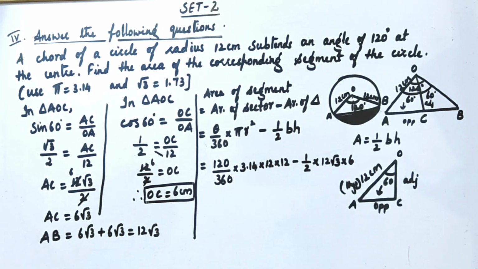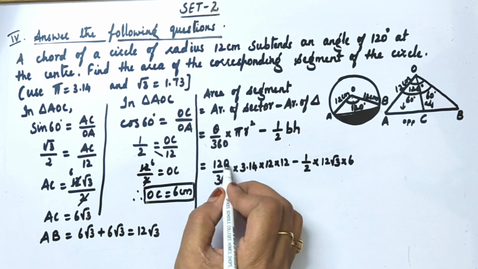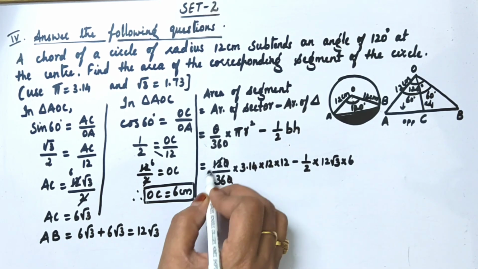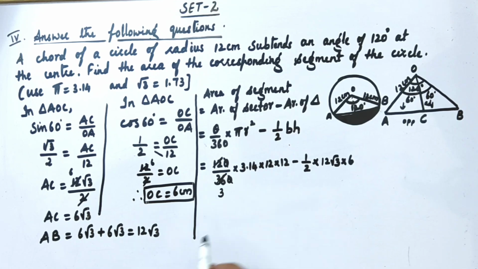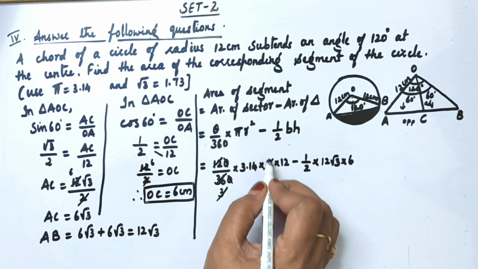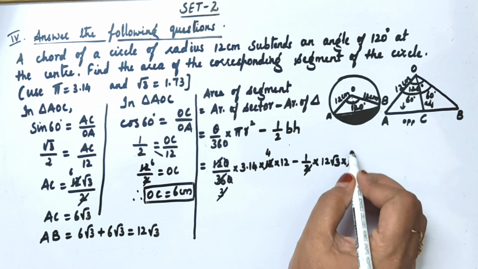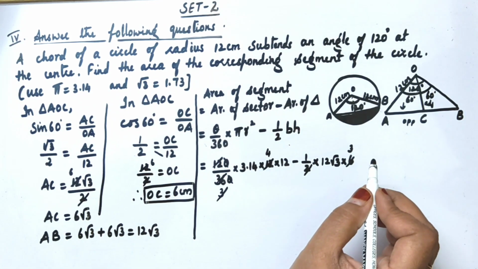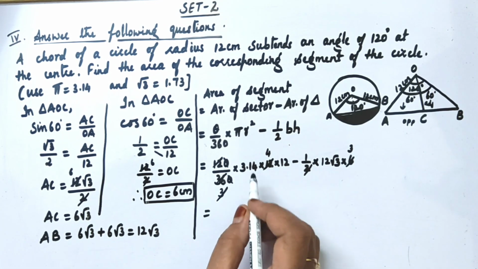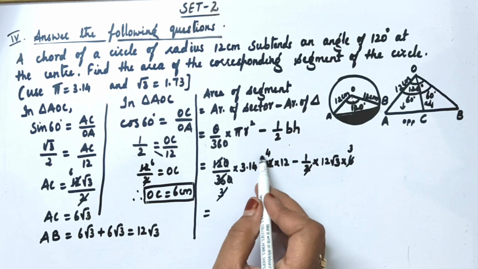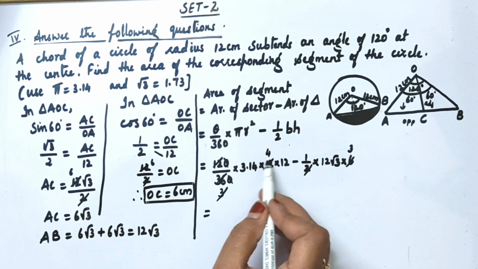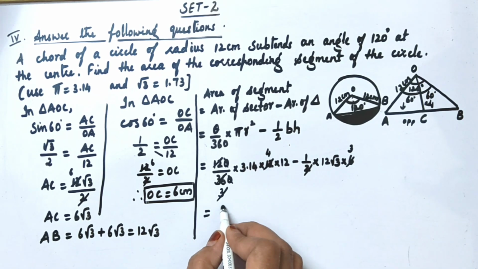Okay, students. Now here the 0 cancels, 12 ones are 12, threes are 36, 3 ones are 3, fours are 12. Here also 2 ones are 2, threes are 6, right? Now we need to multiply all these numbers.